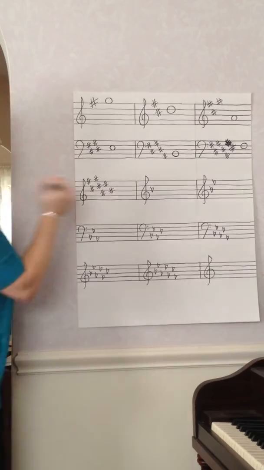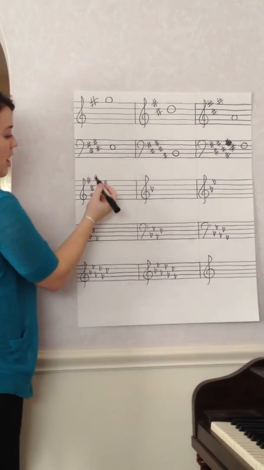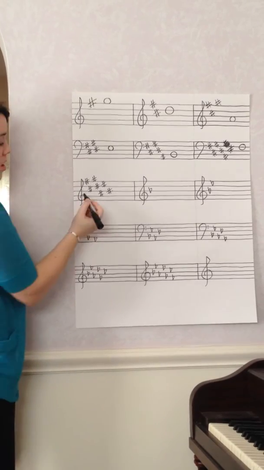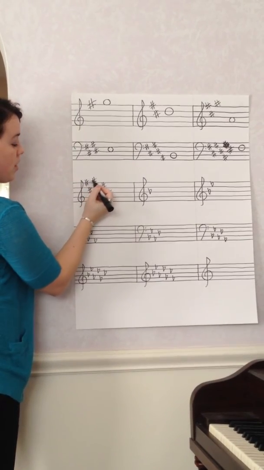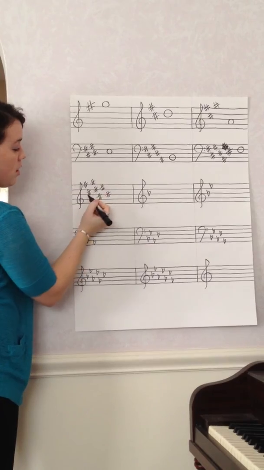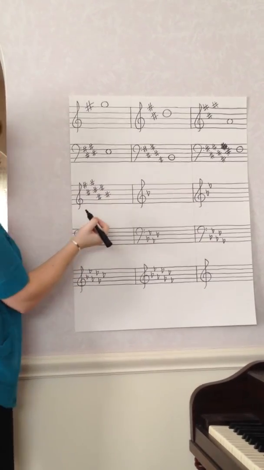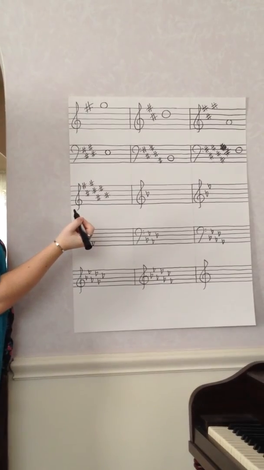So this is the pattern that we use. You'll notice it kind of looks a little bit like a tic-tac-toe board gone wrong, but we have 2 corresponding sharps, 3 corresponding sharps, and then another 2 corresponding sharps. Does that make sense to everybody?